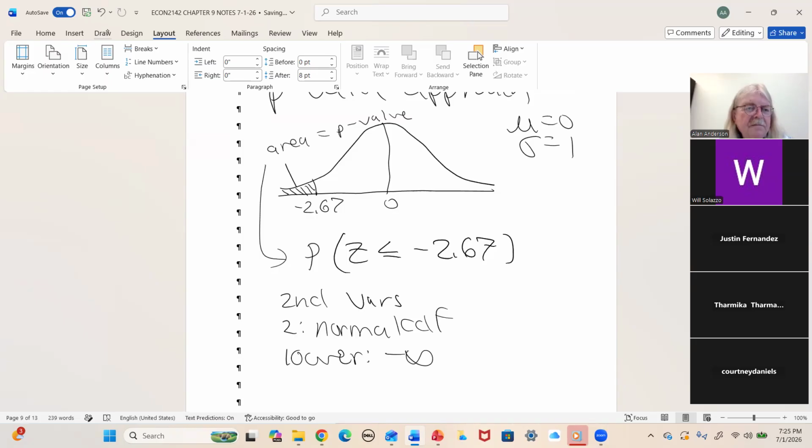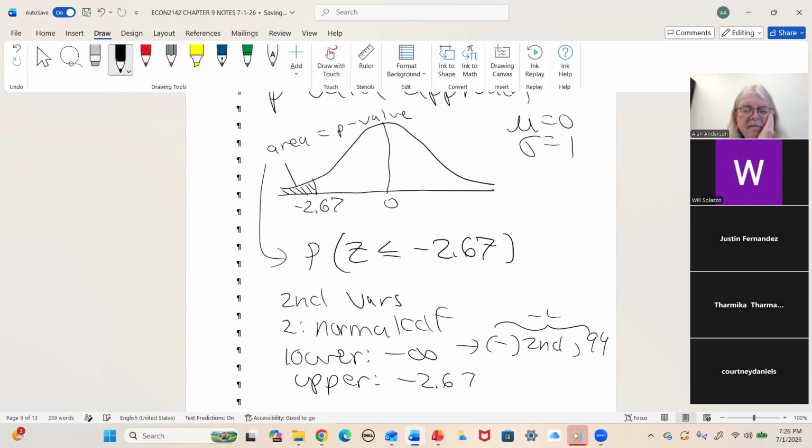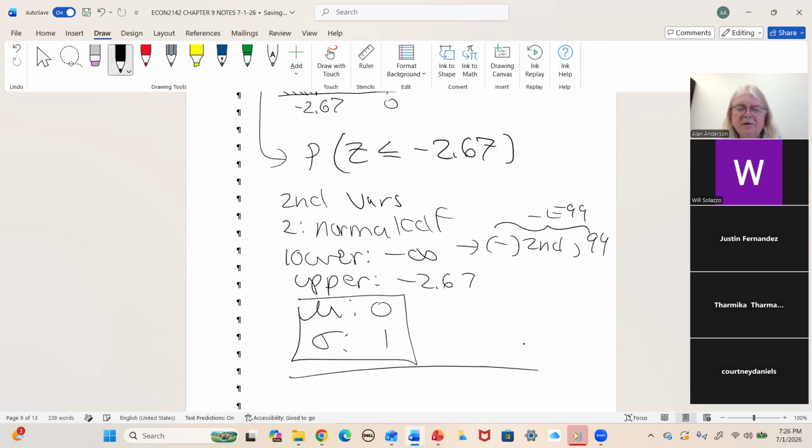Negative infinity. Upper is negative 2.67. And don't forget, this one is replaced with negative second comma 99. Since it doesn't have an infinity button, you replace it with what you saw there, negative second comma 99. And then we have the mean and the standard deviation, 0, 1, because this is the standard normal distribution.